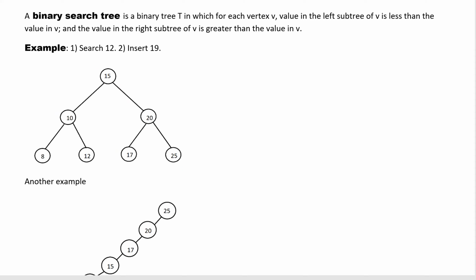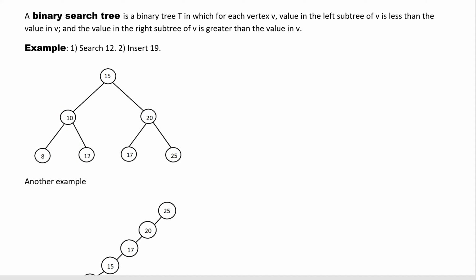And let's look at the vertex 10. The left child is less than 10, and the right child is greater than 10. And then 20, the left child is less than 20, the right child is greater than 20. So far, so good, everybody. So this is an example of a binary search tree.